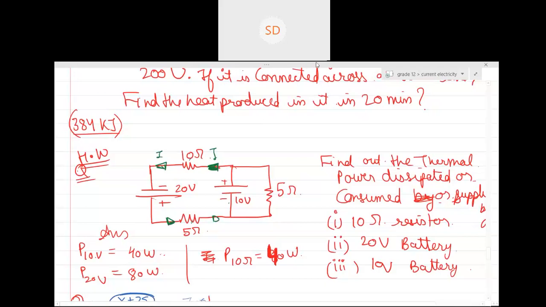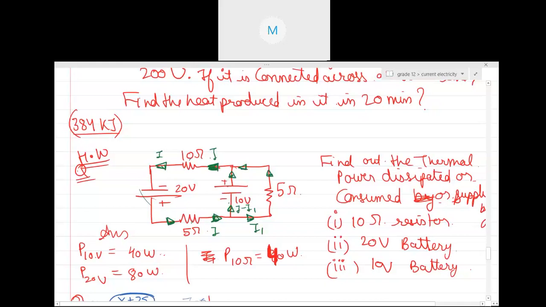And then I took through the other 5 ohm as I1. This is I1 and this should be I minus I1. So there are two equations, two variables. You can choose two loops and solve this particular thing.